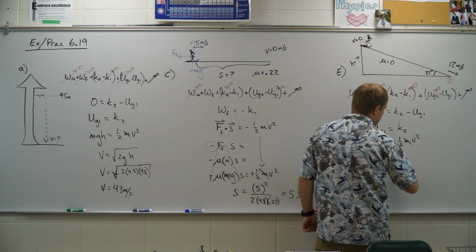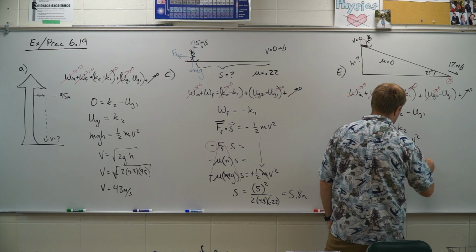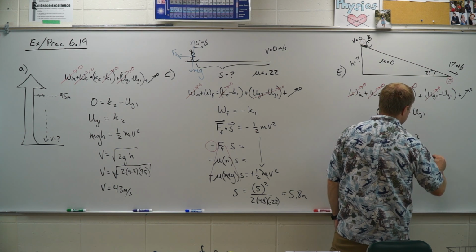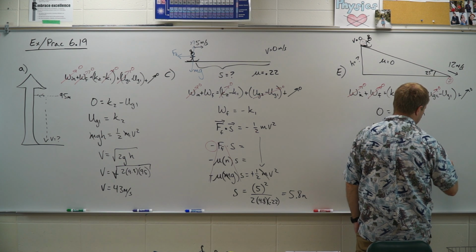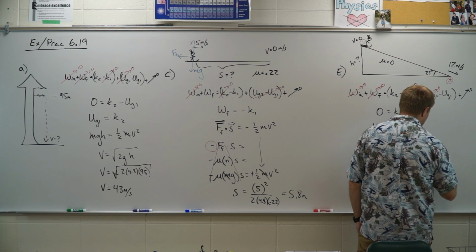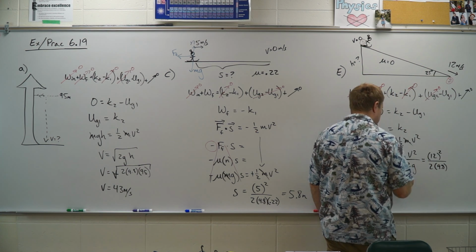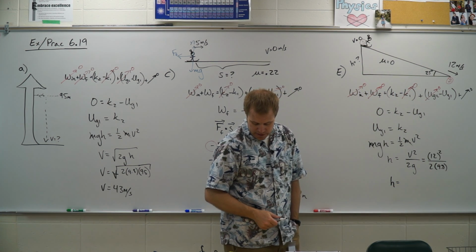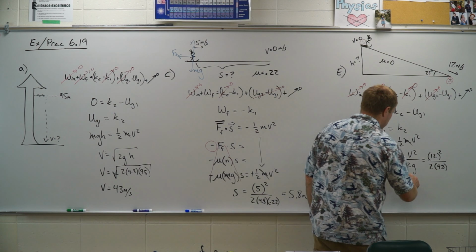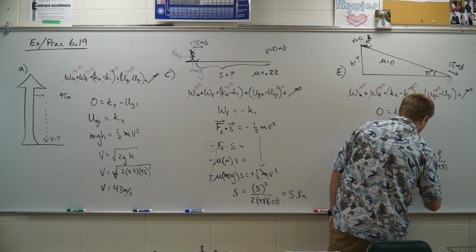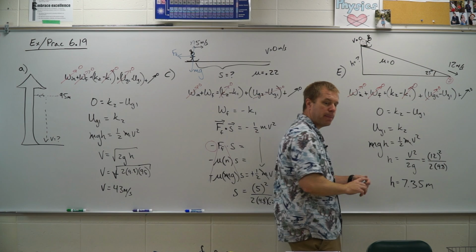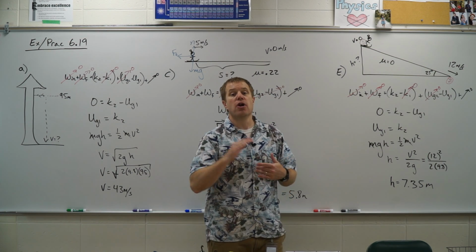So height is going to be v squared divided by 2g. They're moving at 12 meters per second at the bottom of that hill, 2 times 9.8 on the bottom. So the height of this hill is 7.35 meters high.